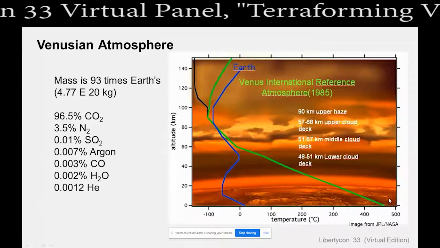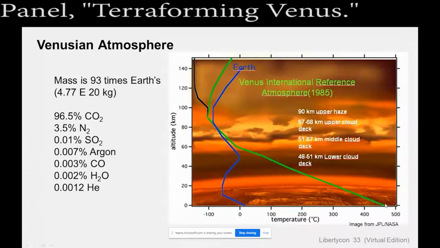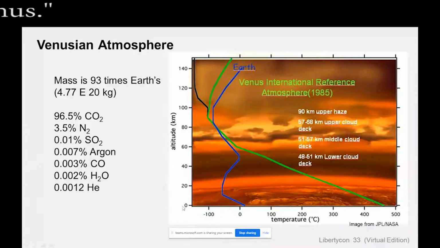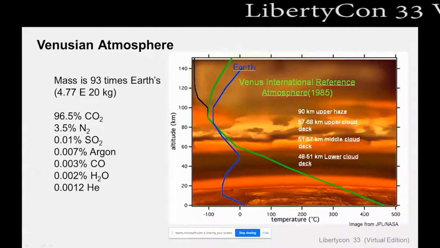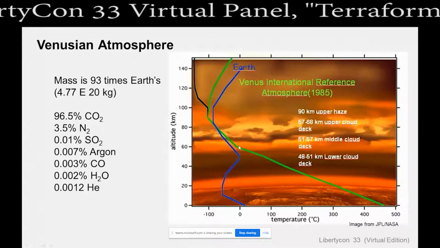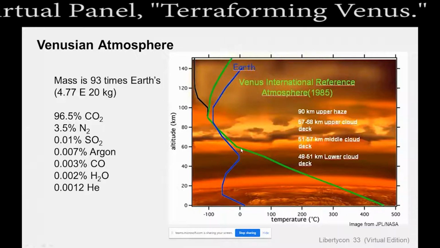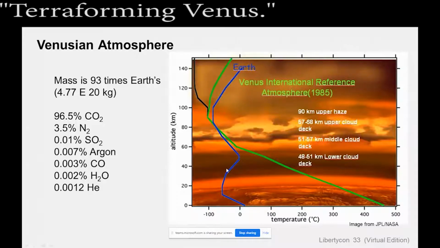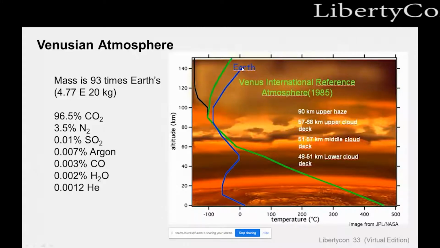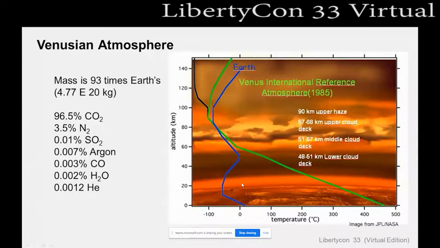Okay, the green line here is the temperature of the atmosphere with altitude. Here's the altitude in kilometers, and here's the temperature in degrees C. So at the surface, it's fairly warm. But once you get up here around 60 kilometers, you'll notice it approaches this blue line. This blue line is the temperature altitude for Earth's atmosphere.